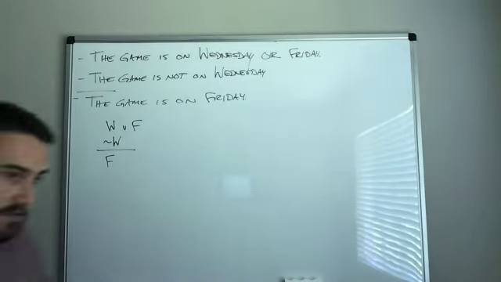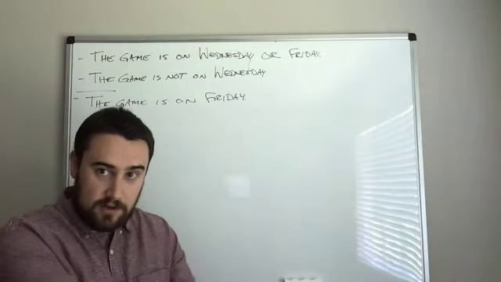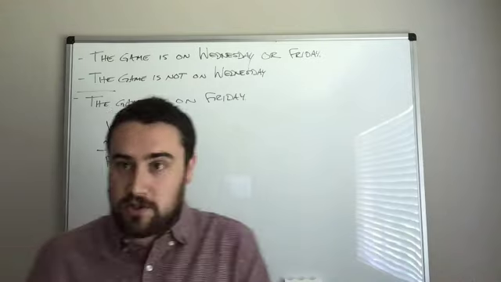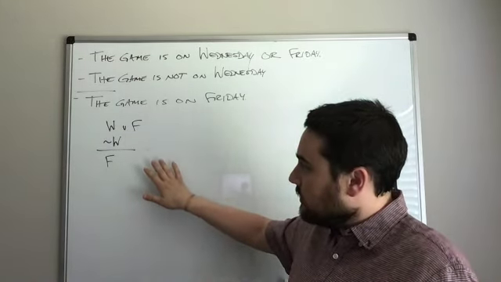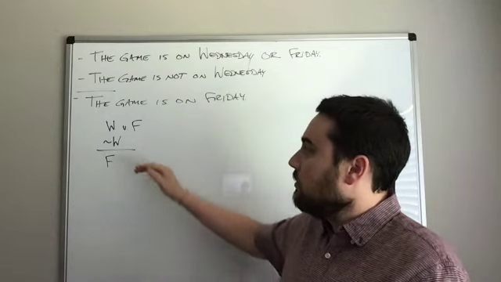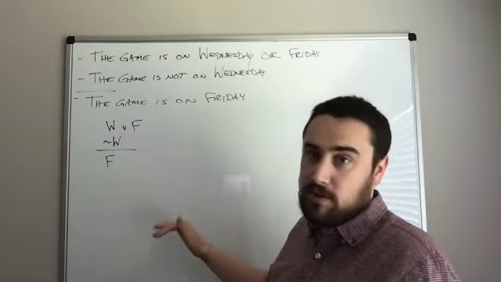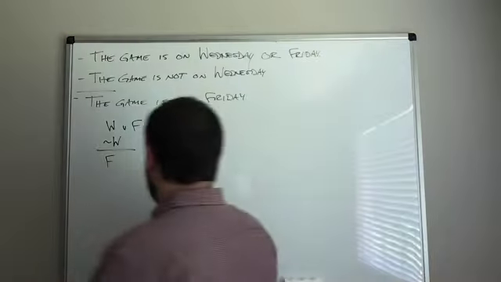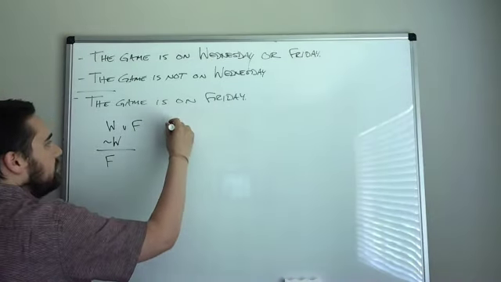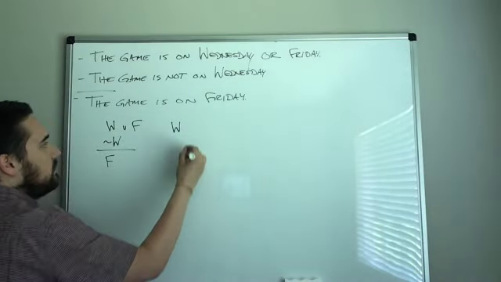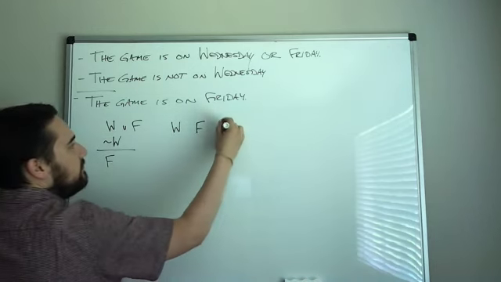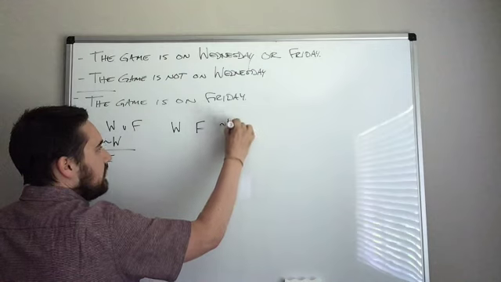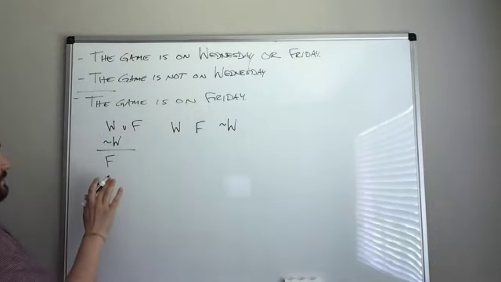Now what we have to do is flip this argument onto our truth table, and it's going to be just like we've done with atomic sentences and compound sentences in general, only each one of these pieces is going to be represented. So we need a column for W, we need a column for F, we need a column for a negated W, right? Because everything on the truth table has to be represented.